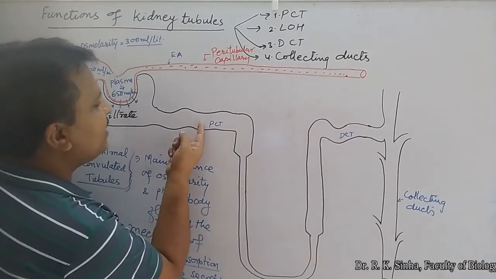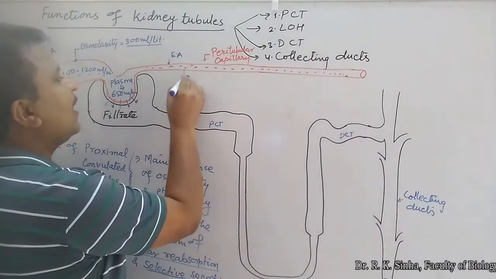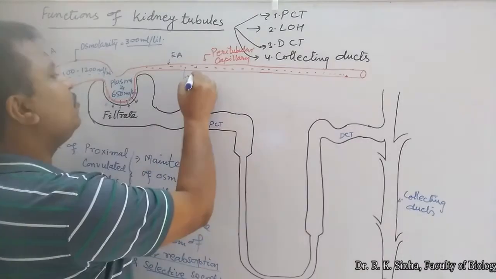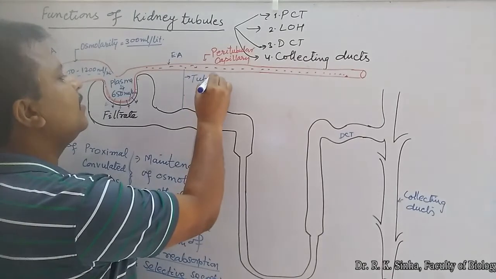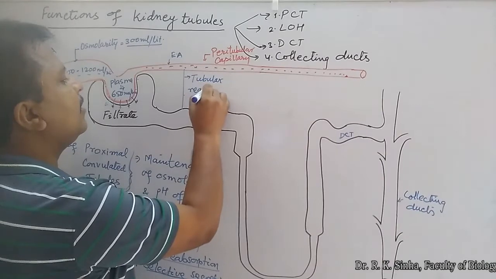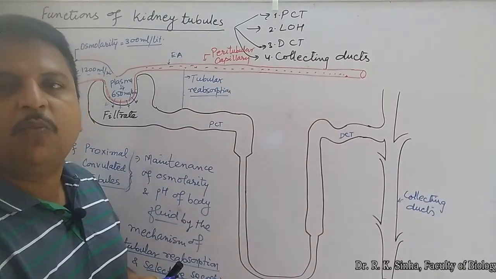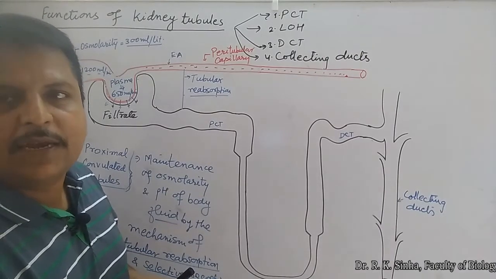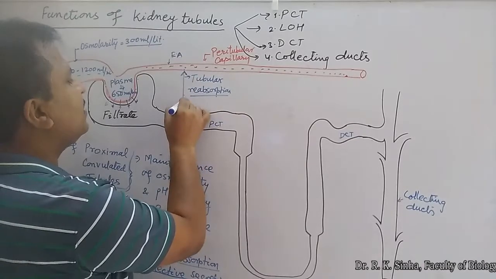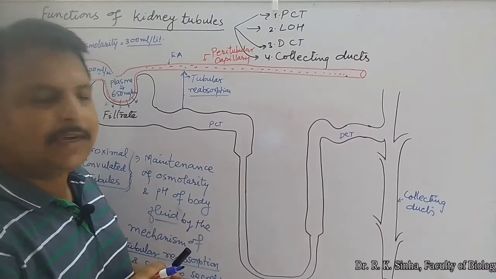So this PCT helps in tubular reabsorption and selective secretion. Tubular reabsorption means reabsorption of ions, water, and organic nutrients from this PCT into the peritubular capillaries to maintain the osmolarity.